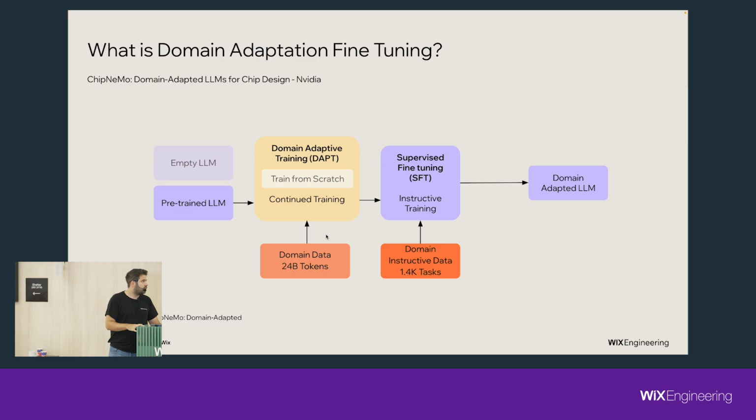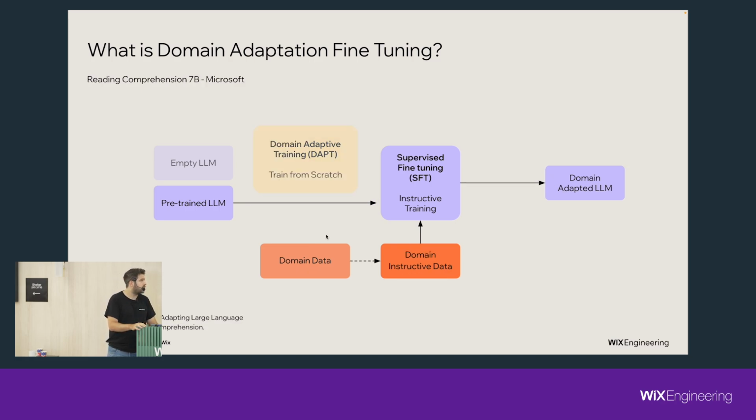So these are two core techniques of domain adaptation for specific domains. One is for chips, and the first one is for finance. But an interesting work that really influenced us was reading comprehension by Microsoft, our friends here. What they did in reading comprehension is basically take the raw textual data of a domain and extract reading comprehension tasks out of it. For example, given an article, generate the title.